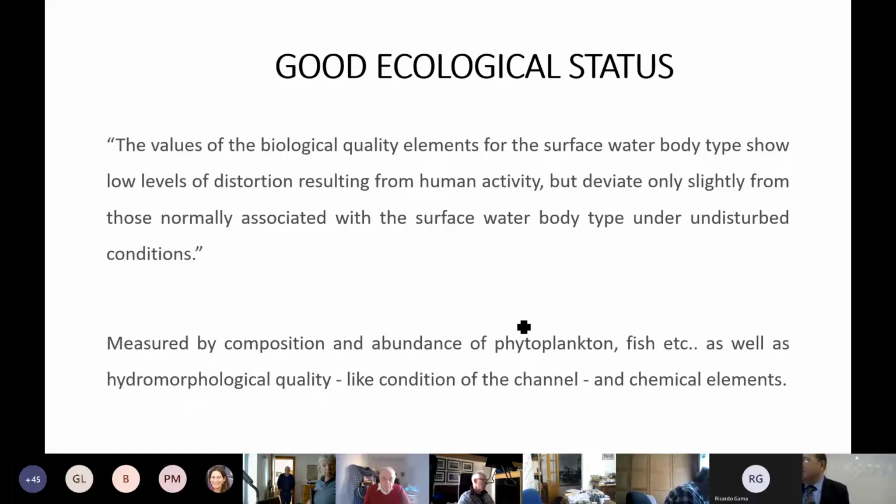And you look at that by considering its composition and the abundance of biological elements like phytoplankton, fish, and so on, as well as hydromorphological quality, like the condition of the channel, in other words, the body of the river channel, and the chemical elements in it. Bearing in mind that some of those chemical elements will, of course, be natural elements.